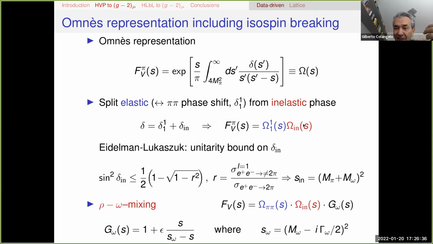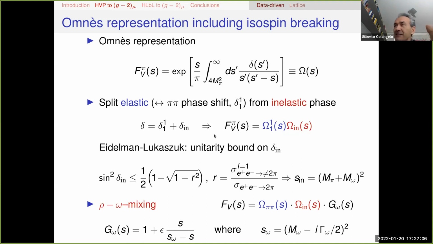And the inelastic phase is actually bounded with a bound which has been derived by Eidelman and Lukaszuk, which can be expressed here in terms of the cross-section e plus e minus going to any hadrons but the 2 pions.